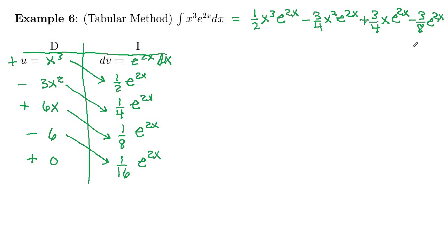And then plus C on the end. So we did all of our integration. We don't have to integrate one more time what's on the end, because we did that here when we integrated. So that's all there is to it.